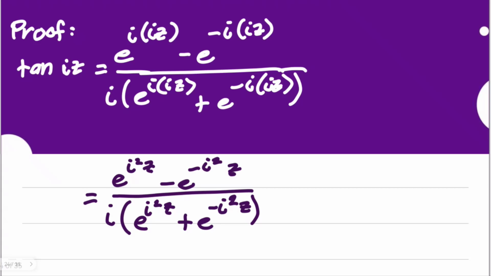Take note that if i is equivalent to the square root of negative 1, i squared is actually negative 1. So we're going to substitute that to all the i squareds here. What will happen is it will become a negative coefficient.